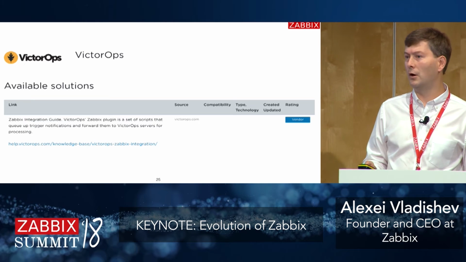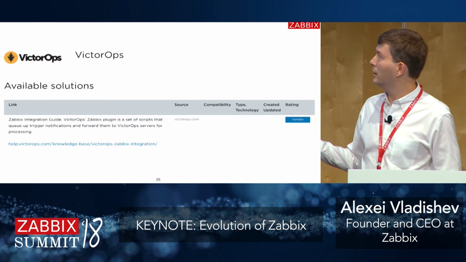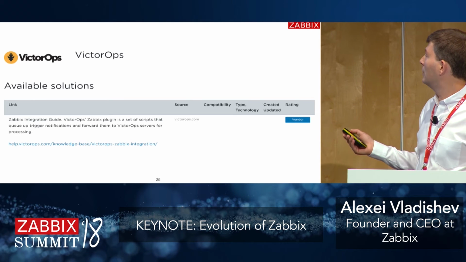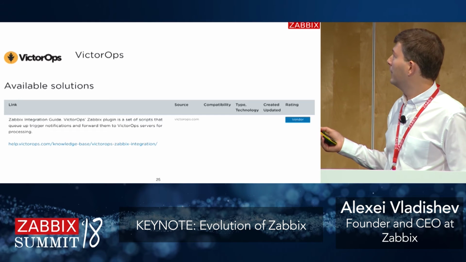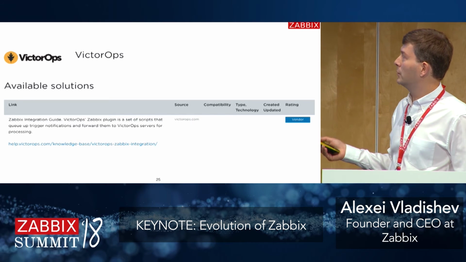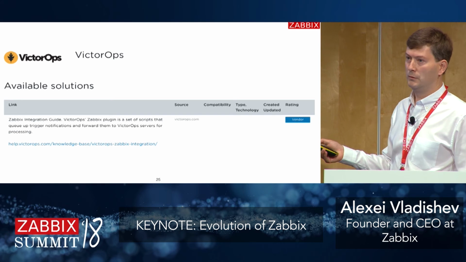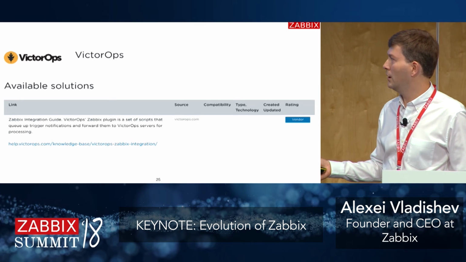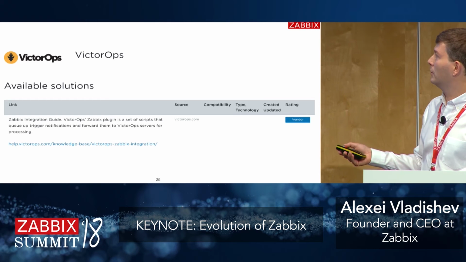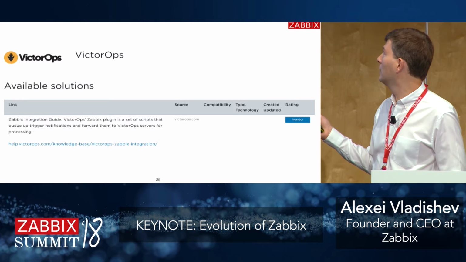For example, VictorOps. You click on VictorOps, and you see a different rating, which is called vendor. Vendor means that this solution is supported by the vendor, by VictorOps. They maintain this integration. You click on this link, or go to victorops.com, and you may find this integration.